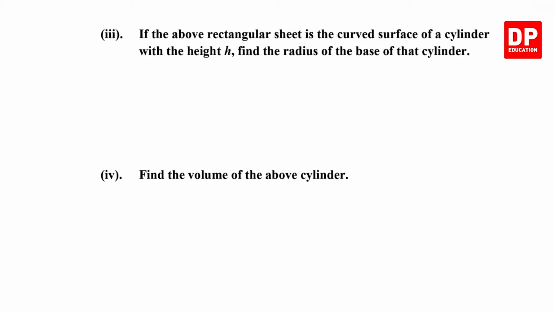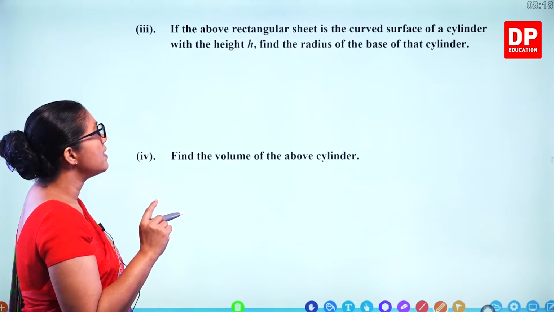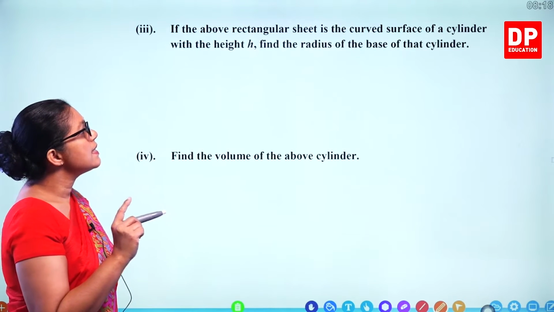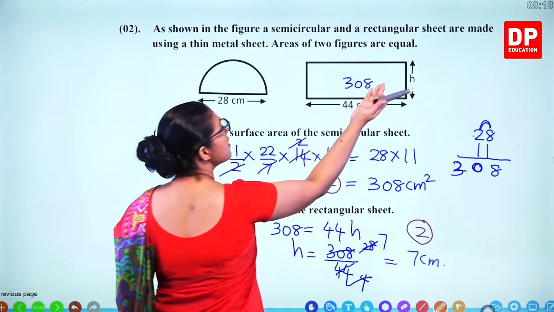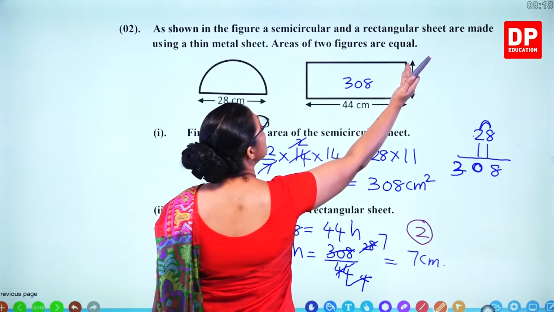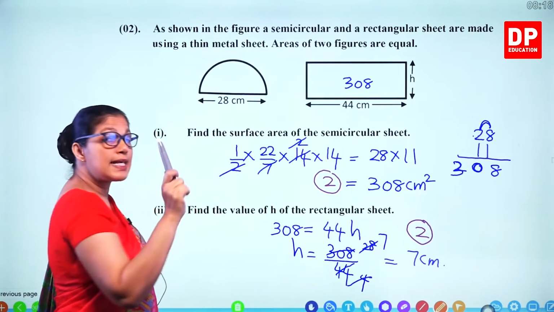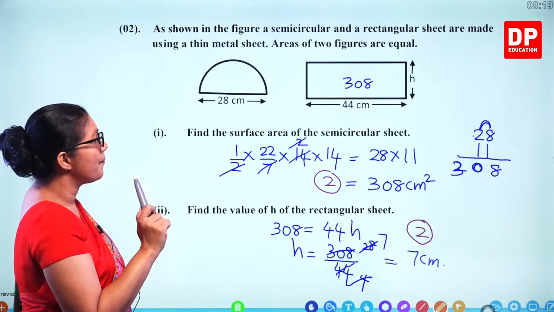Look at the third part. If the above rectangular sheet is curved surface of a cylinder with the height h, find the radius of the base of that cylinder. So this sheet, when you roll it, you get a cylinder with height h.